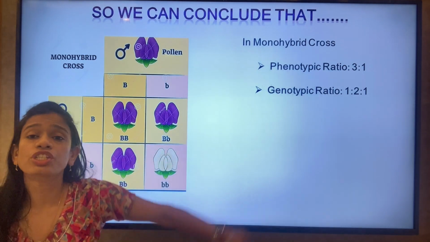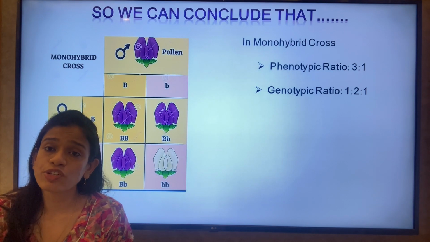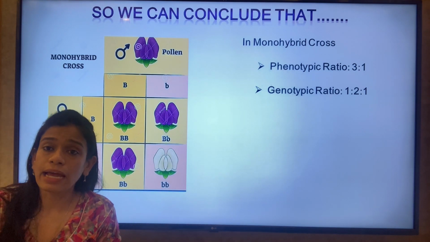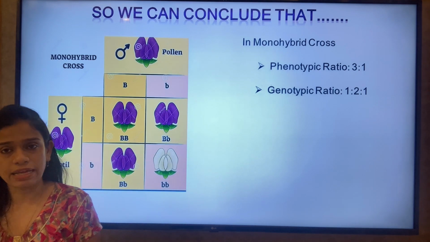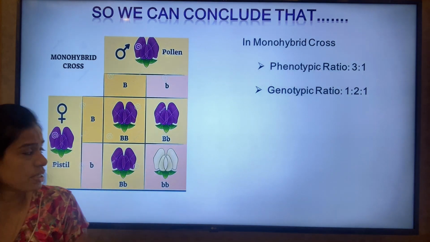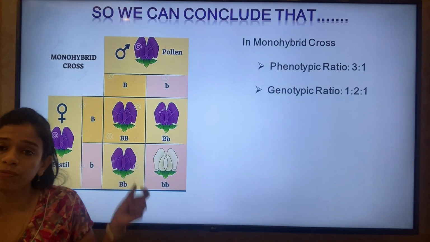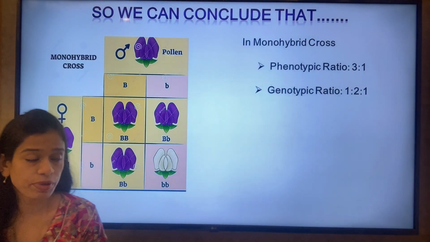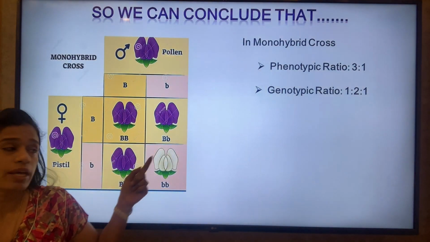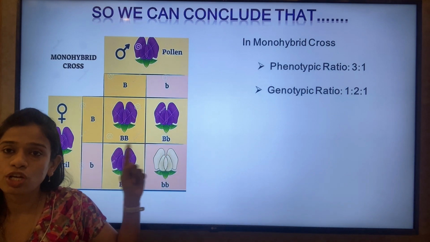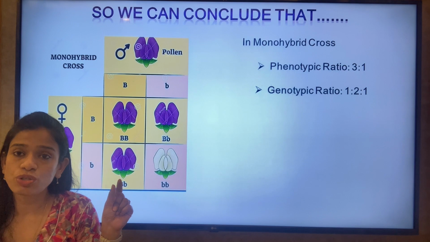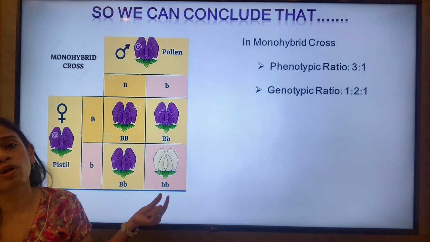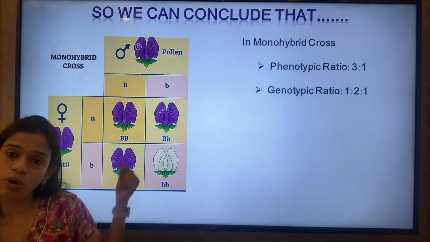Now we come to the genotypic ratio. Genotypic ratio means what is inside, what is the constituent of the genes or the allelic pairs inside. Here it is capital B capital B, which is of one type. Capital B small b, 2 are there, so it is of another type, because the genetic constitution is different, and small b small b again is different from all of them.